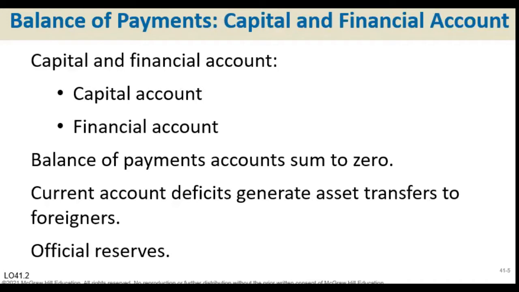So the second component of the balance of payments summarizes the international asset transactions. The capital and financial account consists of the capital account, which mainly measures debt forgiveness, and the financial account, which deals with international purchases and sales of real or financial assets.